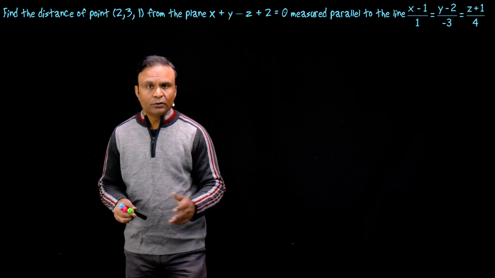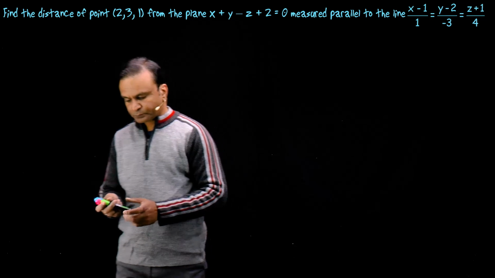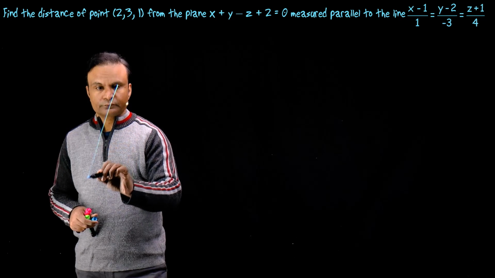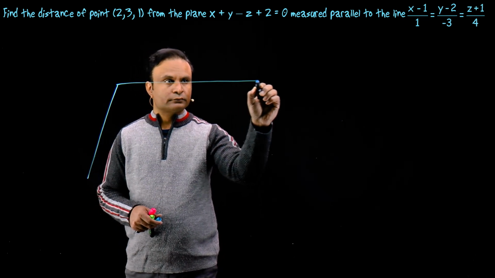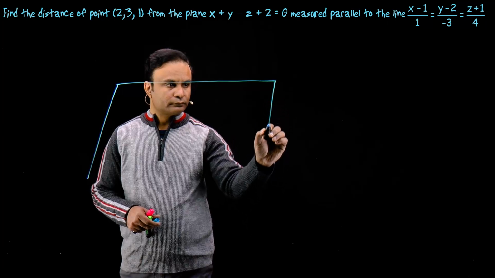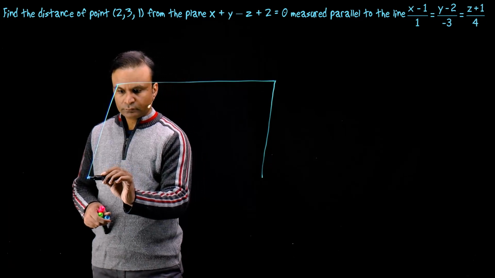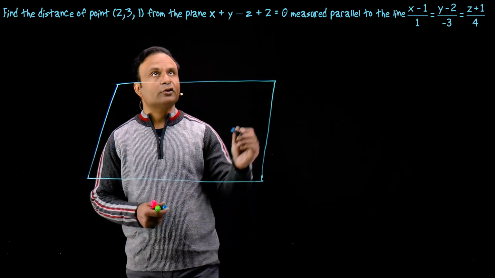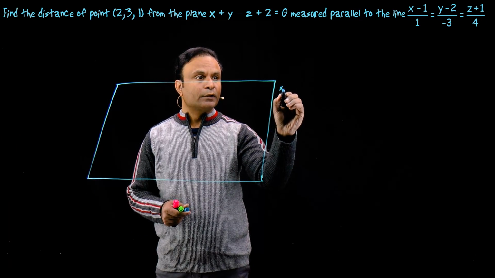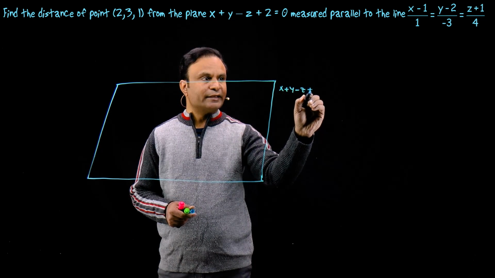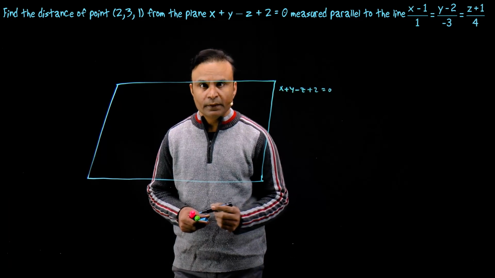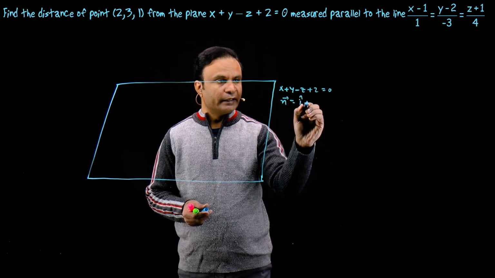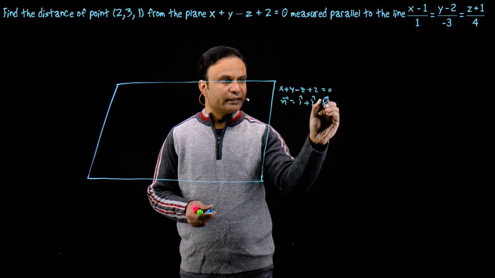So let's first of all draw this line and plane. Here we have the plane. The equation of this plane is x plus y minus z plus 2 equals 0. The normal to this plane, vector n, is i plus j minus k.